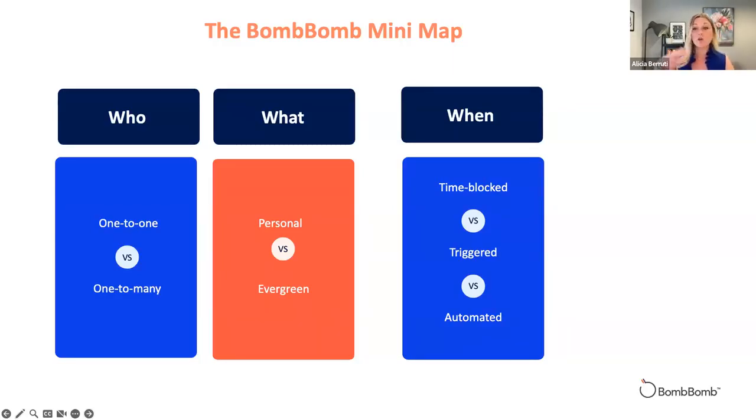Or is it automated? Now, BombBomb has a really, really incredible automation for teams. In fact, the stats that you saw at the very beginning from our implementation with that organization was through an automated system.